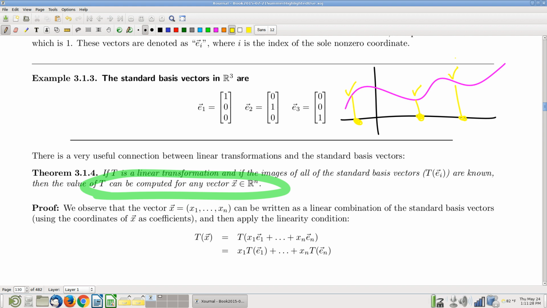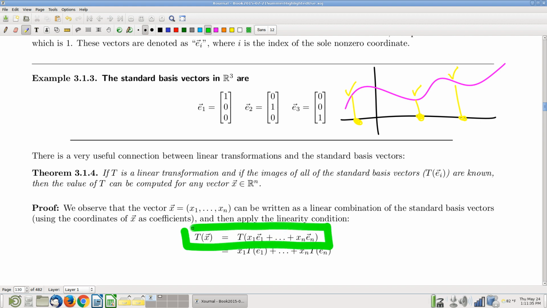And the proof is very short. Two important steps. First, recall every vector can be written as a linear combination of the standard basis vectors in a very convenient way. If a vector has coordinates x1 through xn, there's an exercise in section 1.1, I think it was, that every vector with known coordinates x1 through xn is that linear combination of the standard basis vectors.